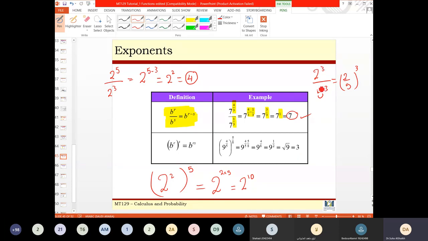But if the power is not the same, I cannot apply this rule. Now the power of a power: if I have b to the power r, all to the power s, this is b to the power r times s. We subtract if it is a division. We add if it is a multiplication.